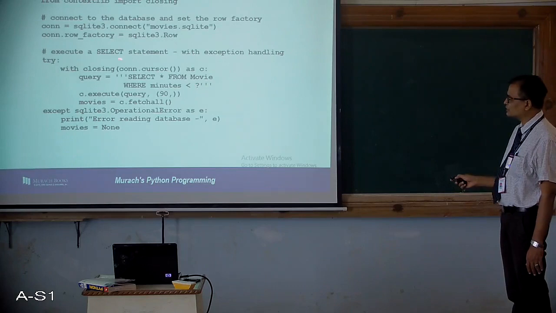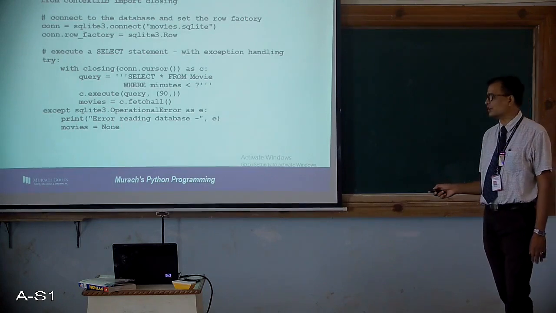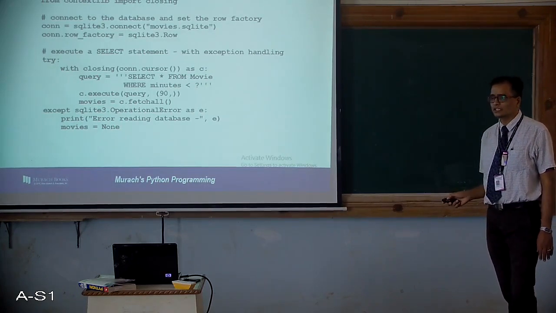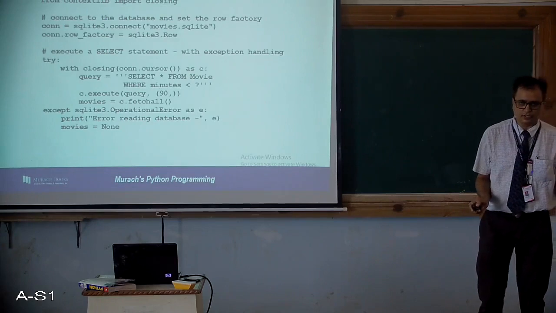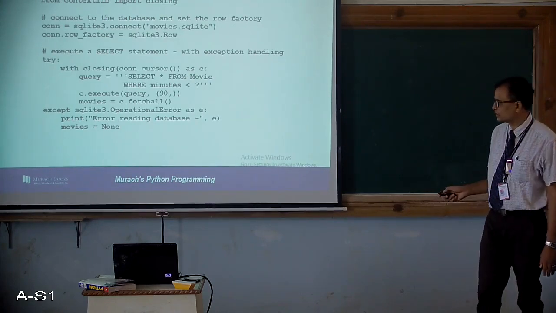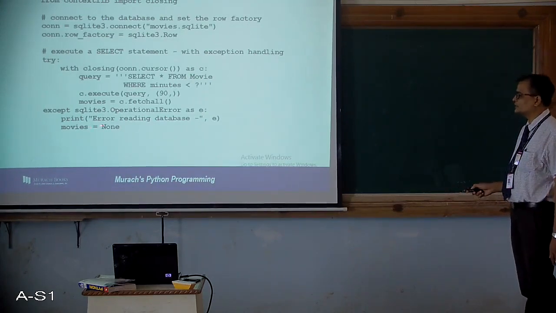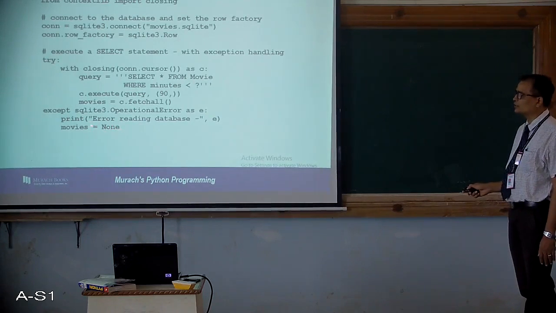Because this has not selected any rows, movies is set to none. This is very important. This was already explained while explaining the data types available in Python. None is a data type, and this is one example you can use for explaining where none is used.